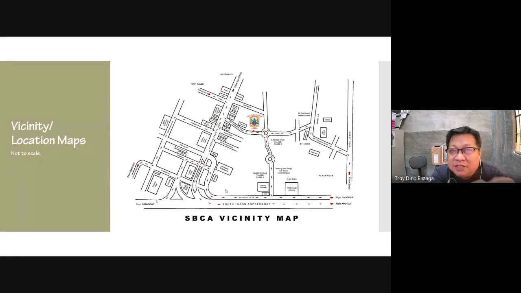So this will be his guide. Therefore, there have to be landmarks, starting from a very familiar place and then going inside until the project site. In this case, the arrows are not actually necessary.